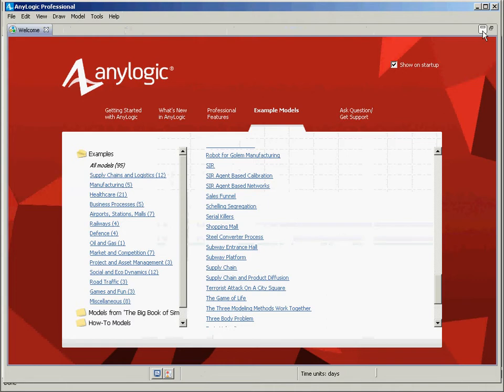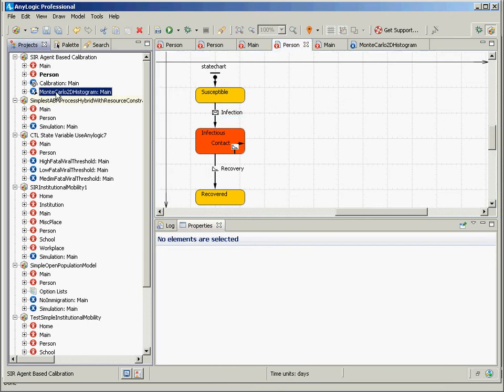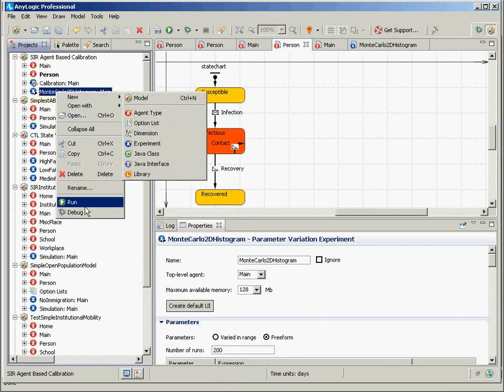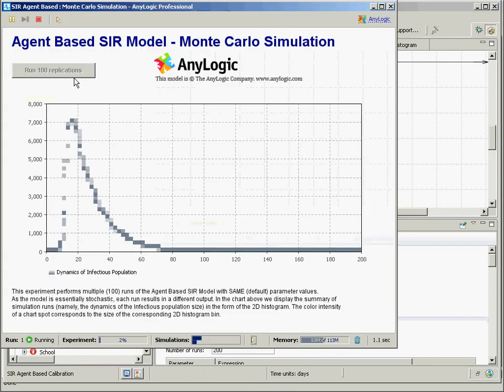So when we ran this model, and I do so by running this Monte Carlo 2D histogram, the final experiment, it was running it in a way to display this graph, but it was not displaying that big sort of field of agents. It says 250,000 agents, if I'm not mistaken. So it's that familiar model we saw earlier in terms of the number of agents, but it's actually running it without showing it. And it's significantly faster in this form than it is if it was actually displaying it.